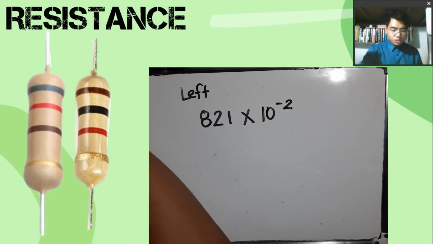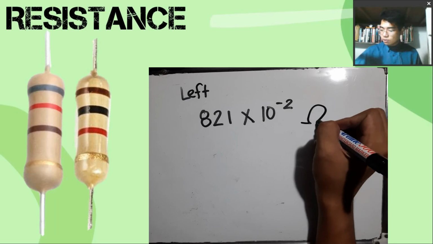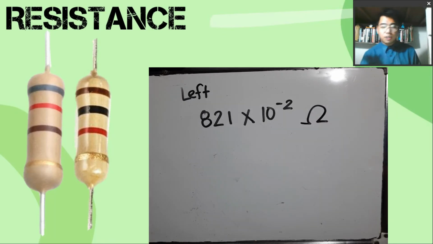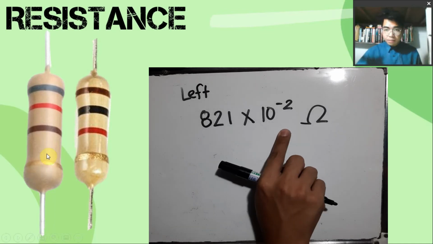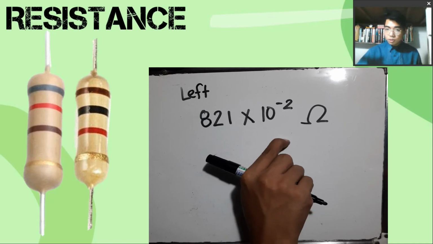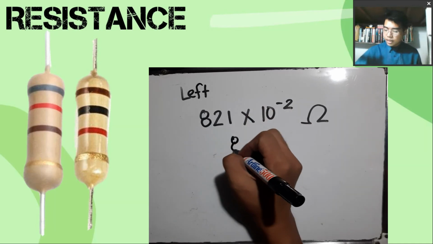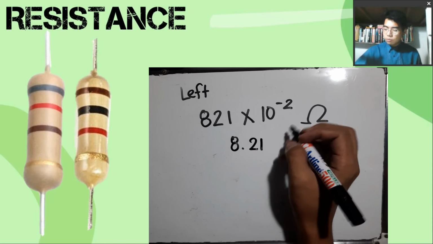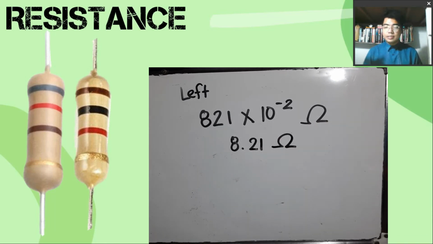Since there is no fifth and sixth band, this is now the value of the resistance present on the left resistor. If we omit the scientific notation, it will be equivalent to 8.21 ohms. That is the resistance of the left resistor.